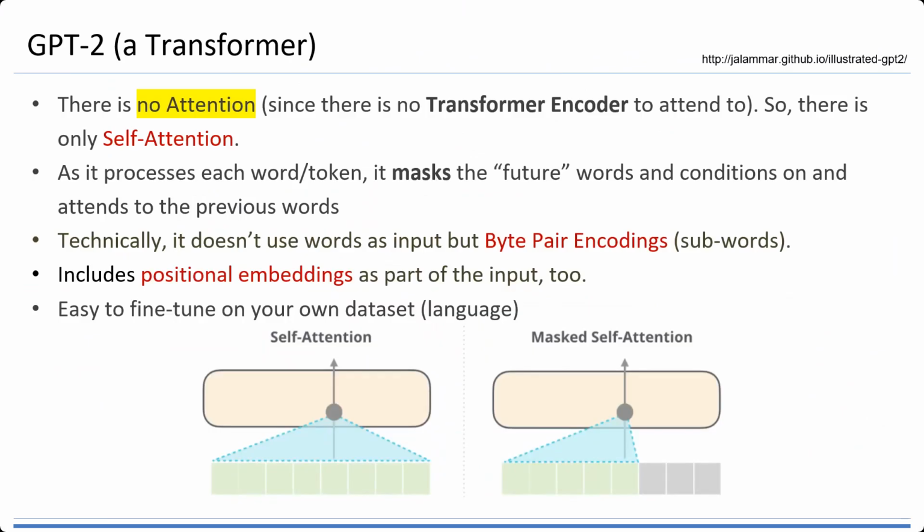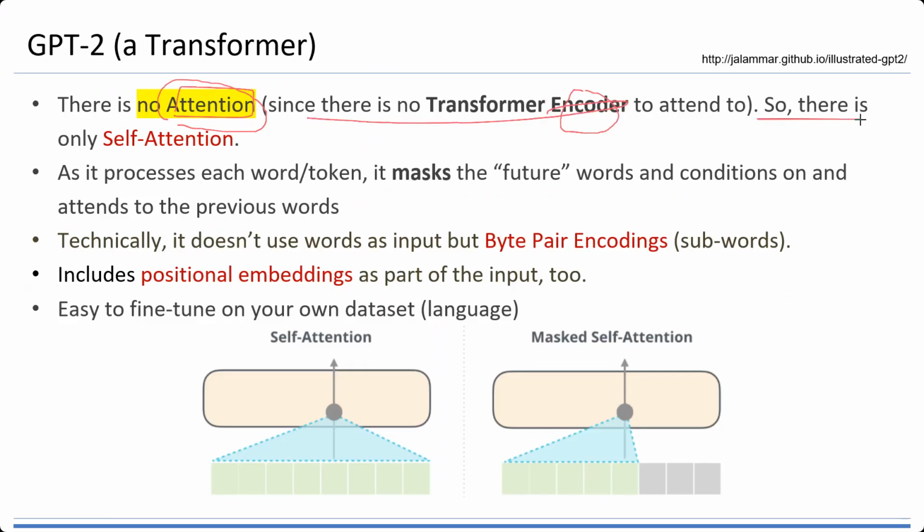In GPT, it is a transformer, but there is no cross-attention. In the deep learning section, in the transformer section, we learned about attention. There is no such attention since there is no transformer encoder to attend to. Because there is no encoder, we cannot use that attention.